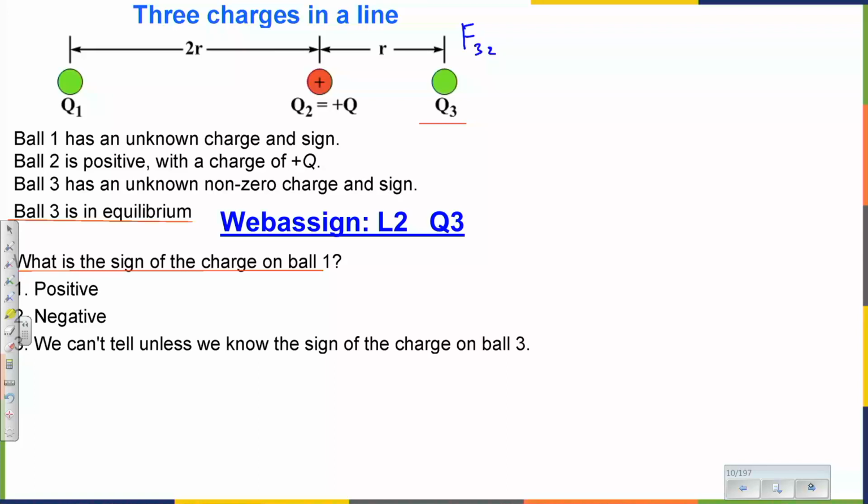How should I point it? Why, you don't know? The sign of what? Of the third charge. So why are you so quiet? If you don't know something and you need it, what do you do? The one nobody is asking. So someone should ask. Please ask.